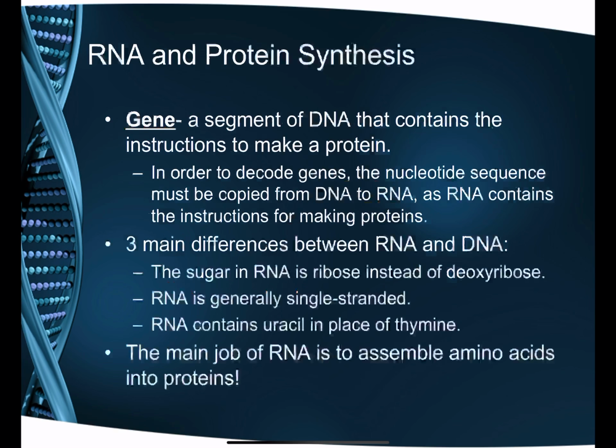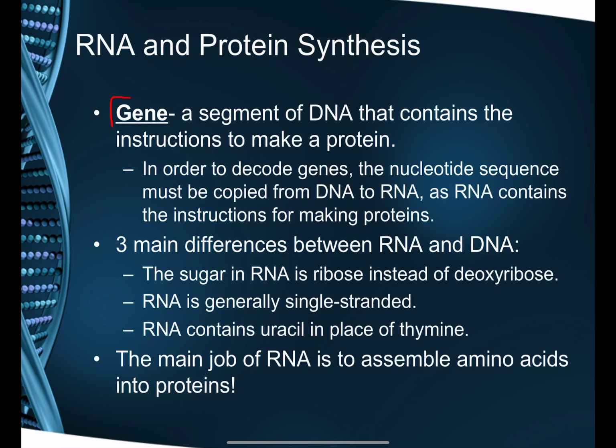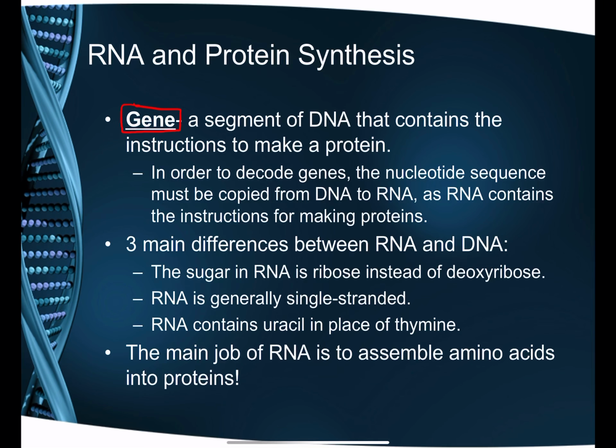So when we talk about DNA, we frequently talk about genes. And I talked about those last week, just a little bit. This is our DNA molecule, but it's got all these letters on it, right?